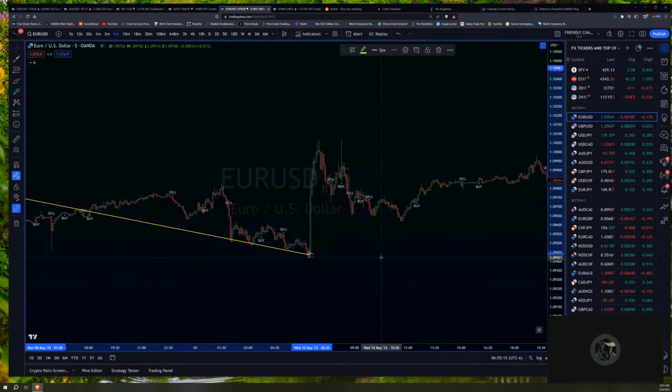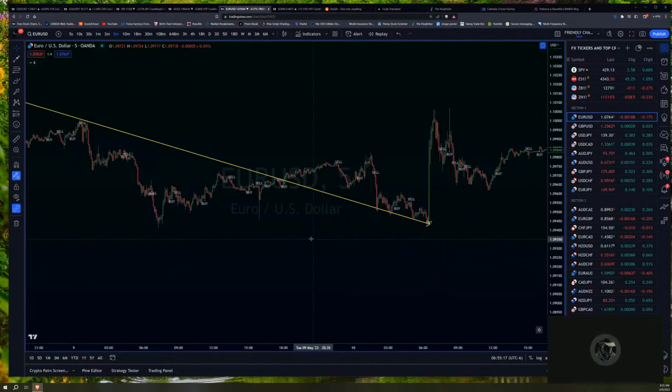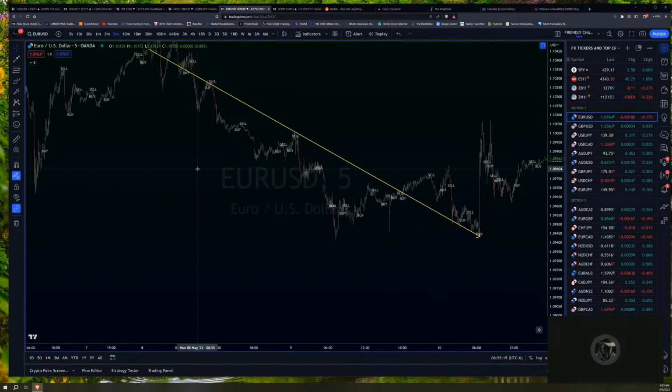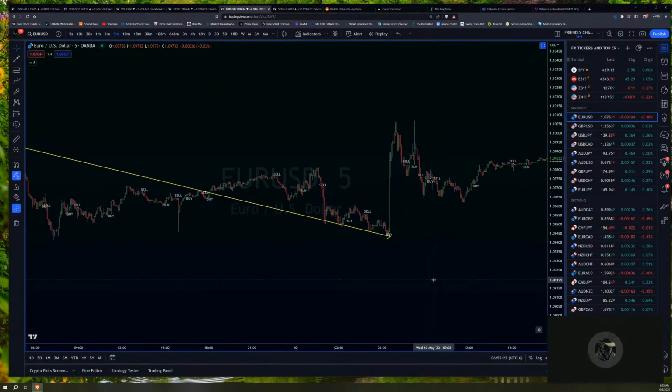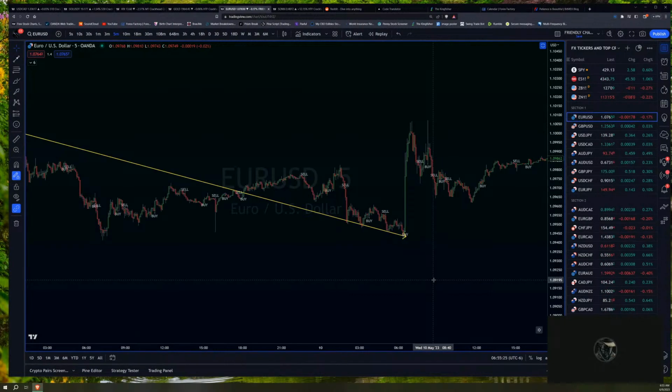So what might have happened here is that as price kept heading down, people started considering that maybe there's a downtrend. Maybe CPI is going to be high, and they're going to have to hike rates more. And so people thought price would go down.